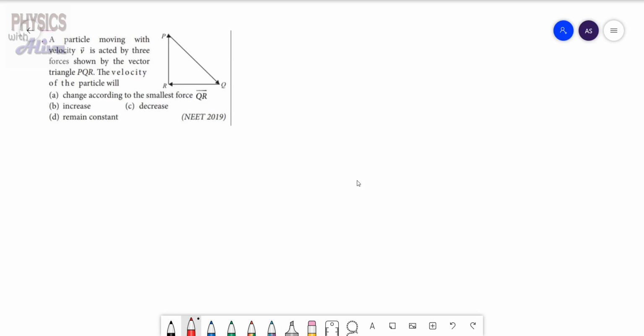That's the question. Before doing the question, we will learn what the triangle law of addition is, for vectors. In the triangle law, we take two vectors as two sides of a triangle, and we take these two vectors in order.